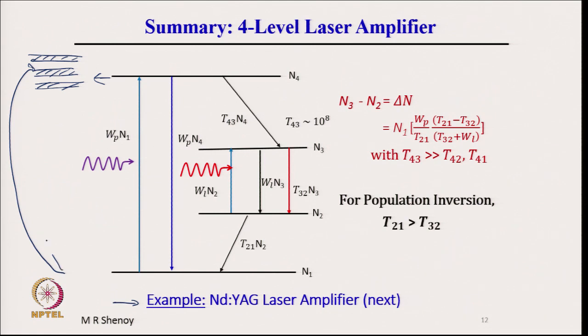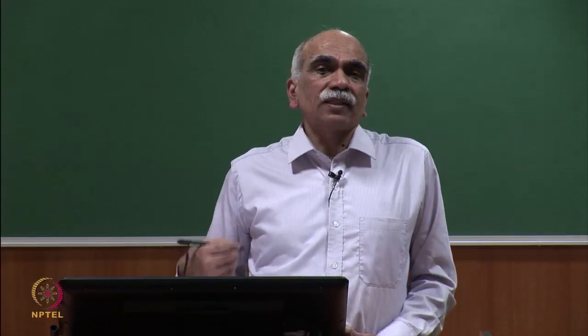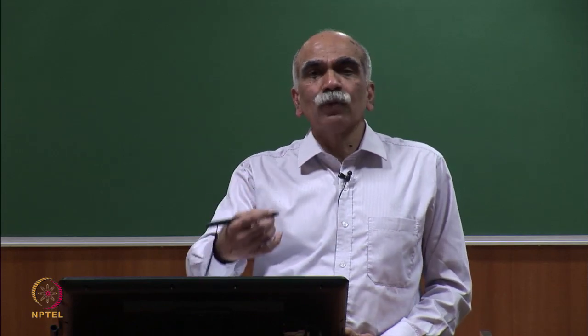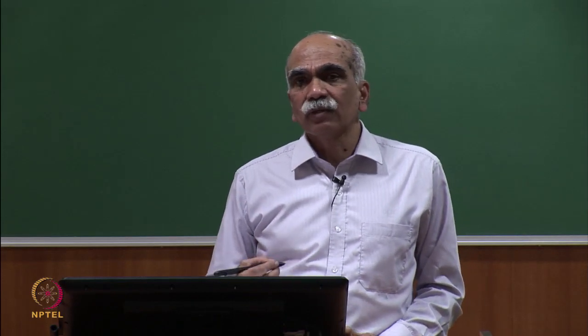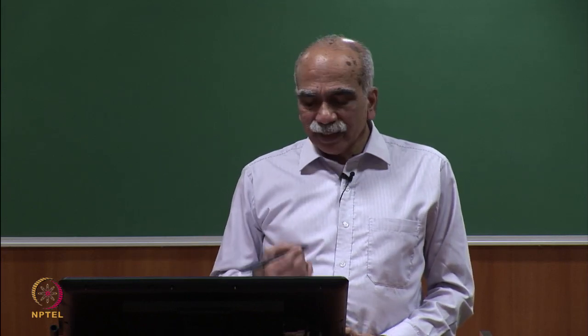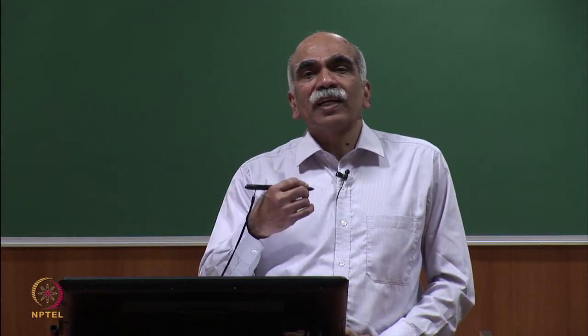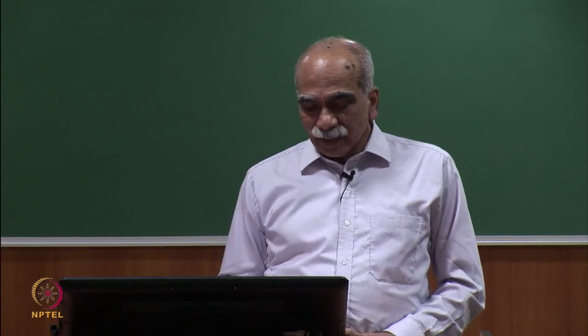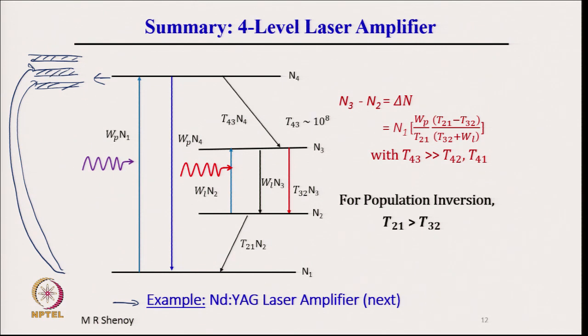Atoms may be raised to these bands because, as we will see in the next lecture, the Nd:YAG laser is pumped by a krypton flash lamp. These days, of course, diode pumped solid state lasers will also be discussed later, but a krypton flash lamp has several lines which will raise atoms to these bands, and these bands have very rapid transitions within themselves, and then from this level it comes down to the lower level, which is here.